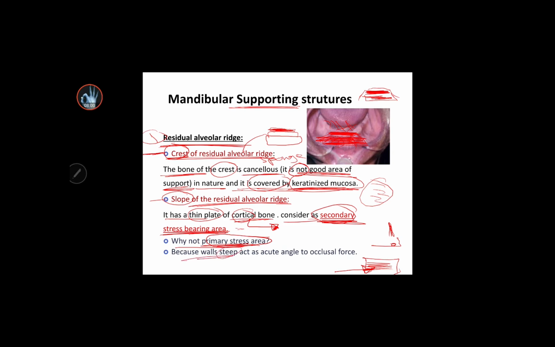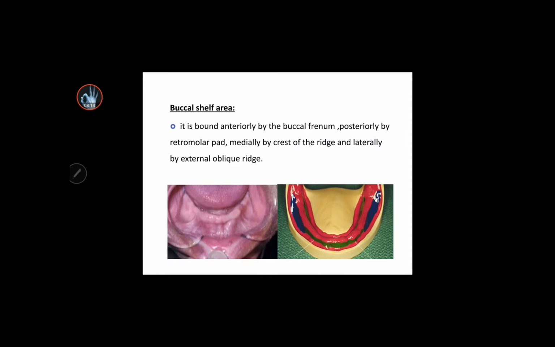Because the wall is steep, it acts at an acute angle to the occlusal force.